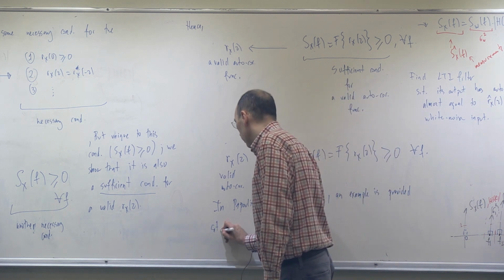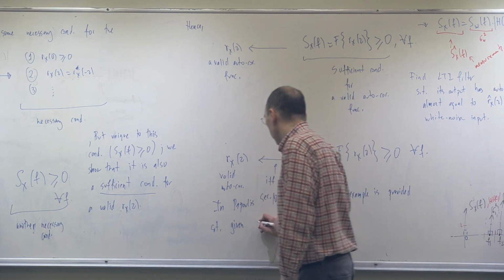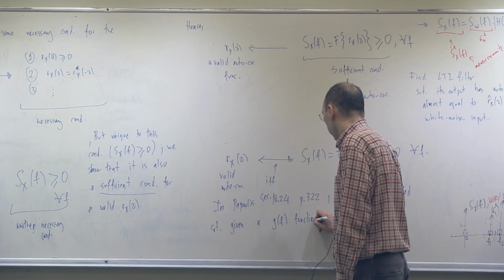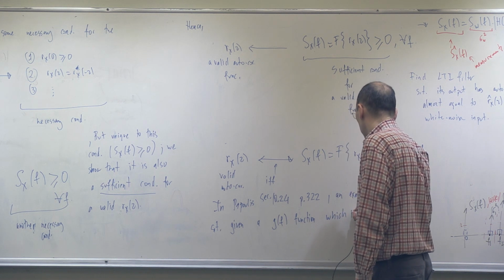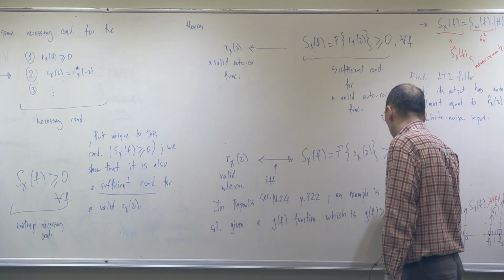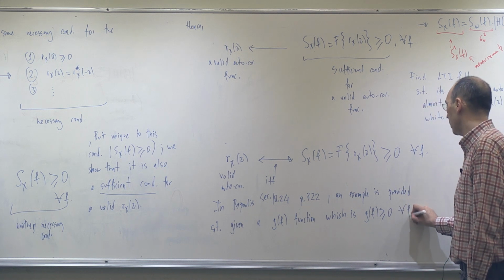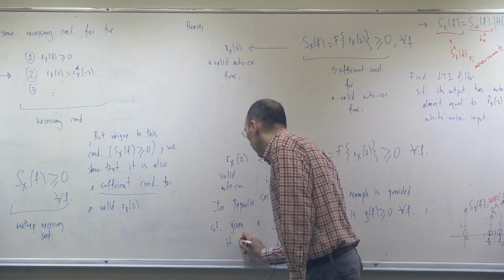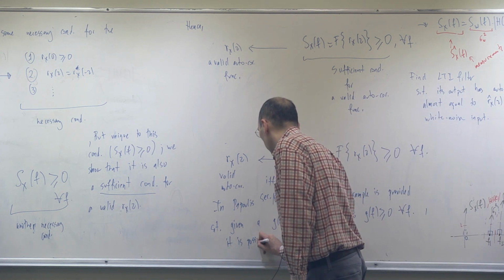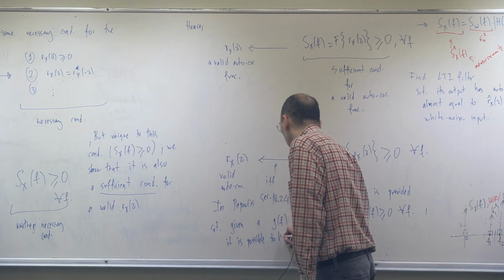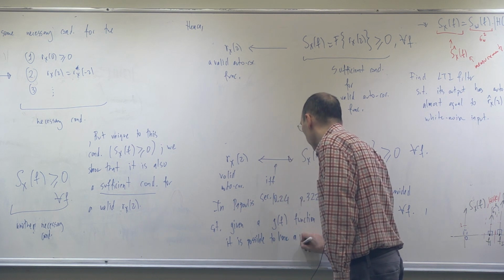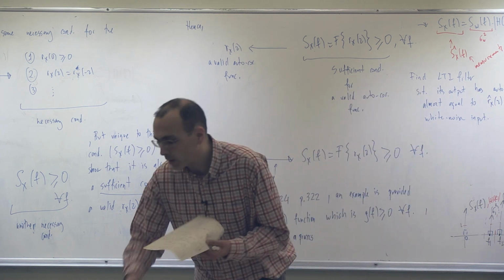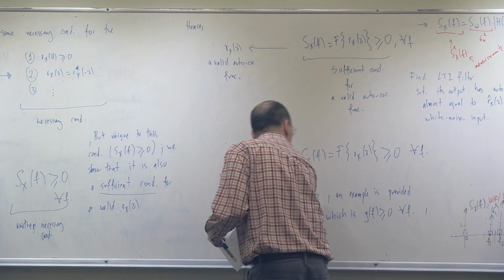Given a G of f function which has values greater than or equal to 0 for all frequencies, it is possible to have a process, not just possible, but Papoulis actually constructs that process.